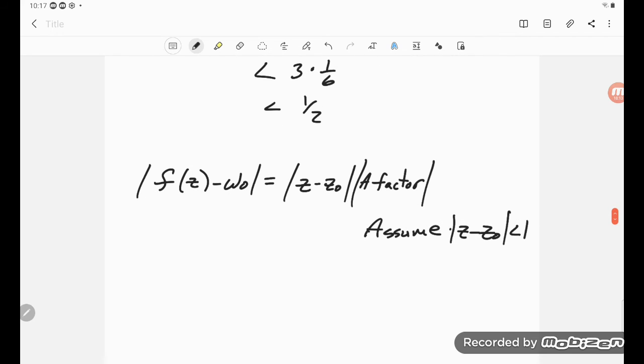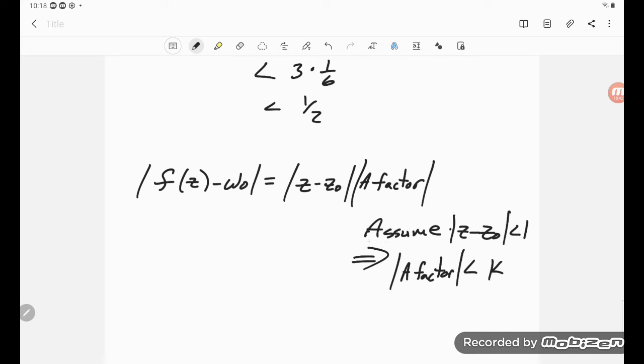You might decide some other number that would work better. But I'm going to assume that's less than 1, which hopefully means that that factor is less than some number k. Okay, that's typically what I try to do.